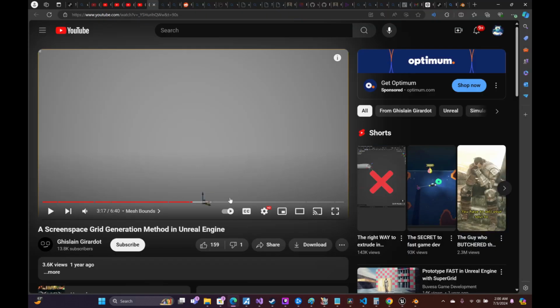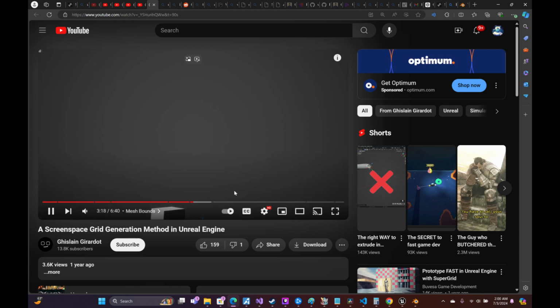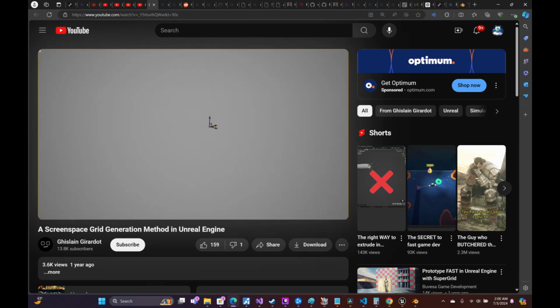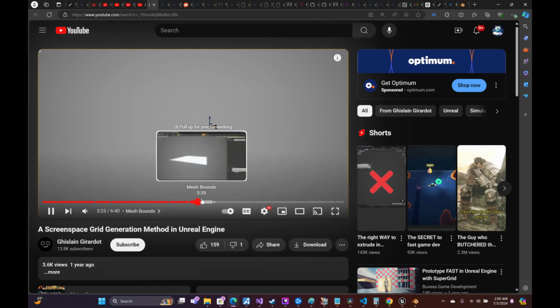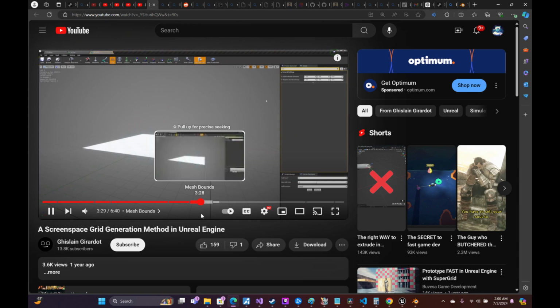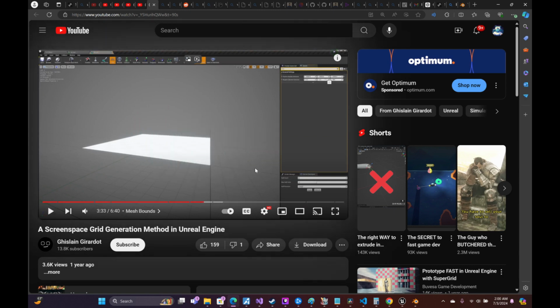All right, let's see what he says about this next part. Because that screen projection happens on the GPU and the CPU isn't aware of it, it may think the mesh isn't in view anymore. So I can trick the CPU into thinking it's always in view by increasing this mesh's bounds by a crazy amount like so. Cool.